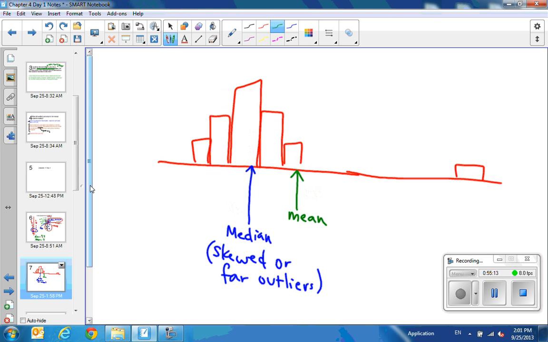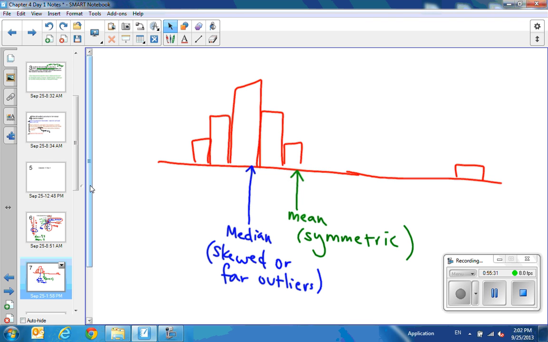It's a better measure of the center when the data is symmetric, because it uses every single data point. You add them all up and divide by the number of data points you have. So if it's symmetric, we use the mean. Does that idea make sense?